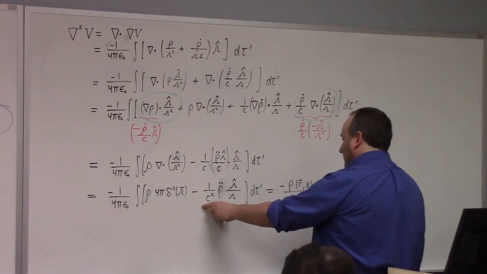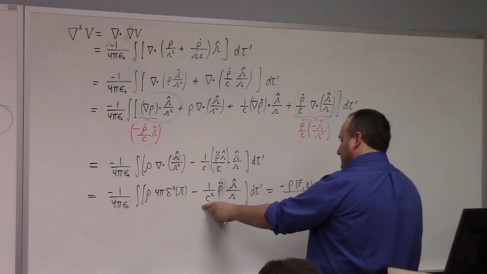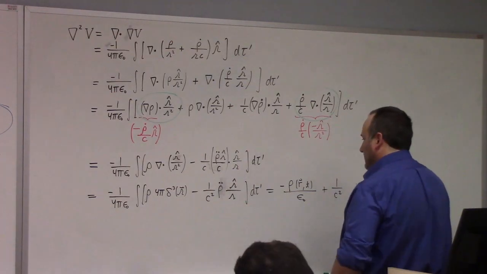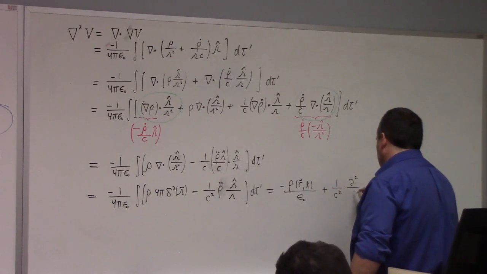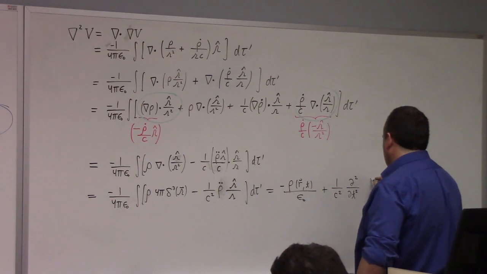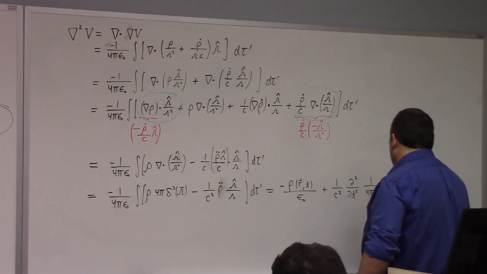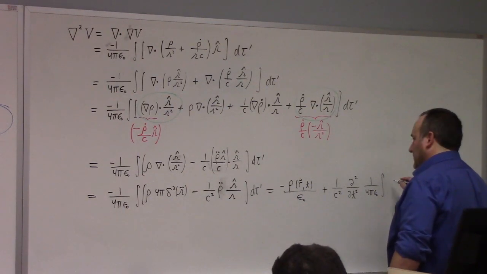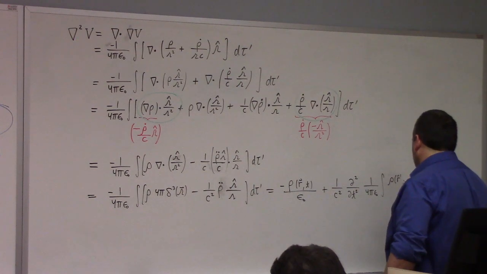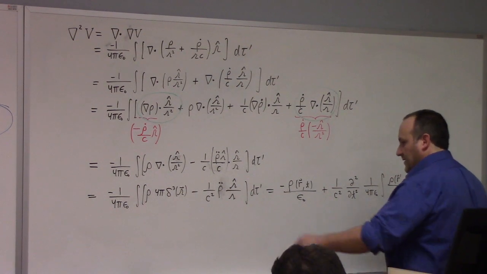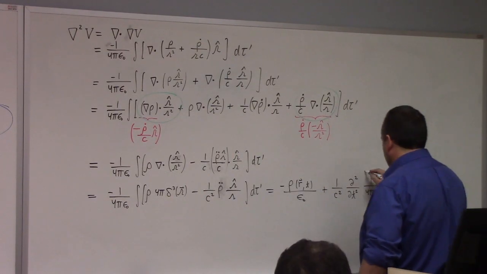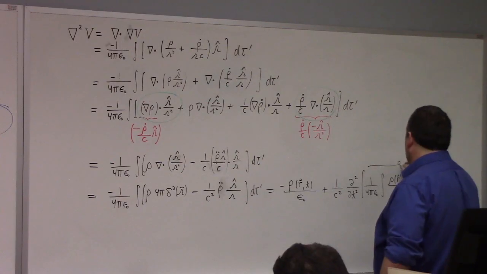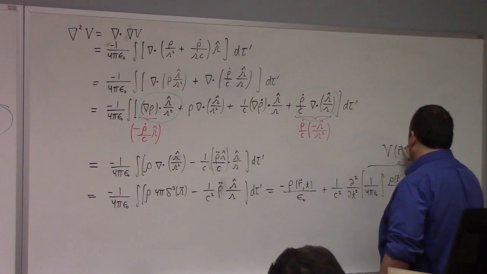And this we can rewrite as plus 1 over C squared times the second time derivative of 1 over 4 pi epsilon naught, the integral of rho of r prime, t_r divided by script r d tau prime, which is also known as V of r, t.